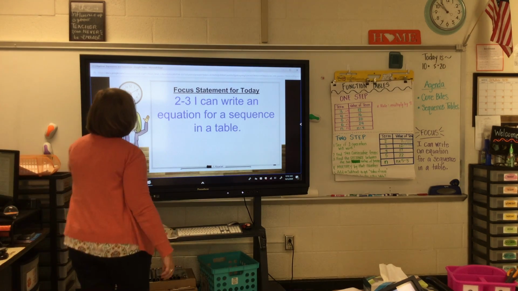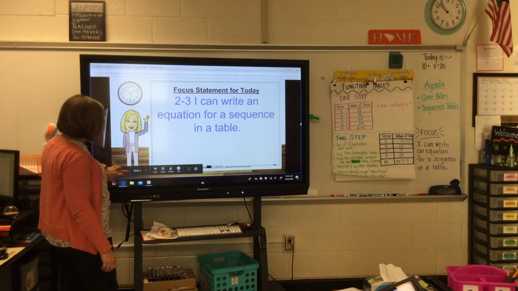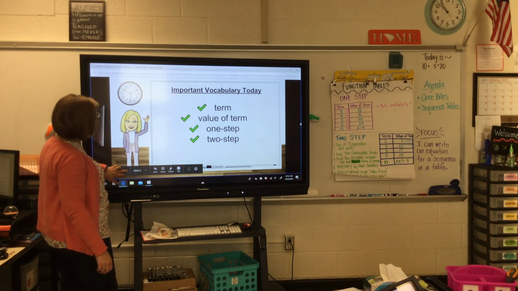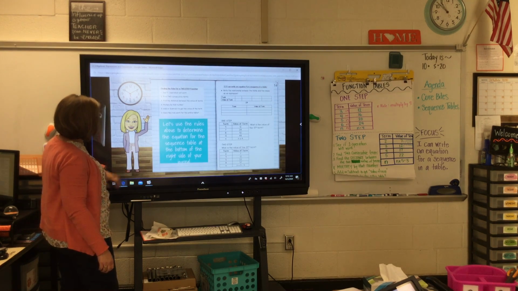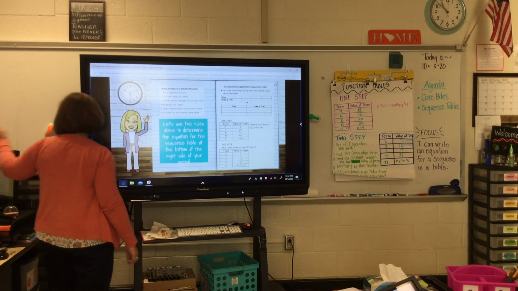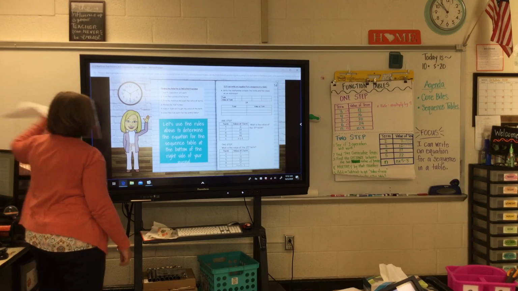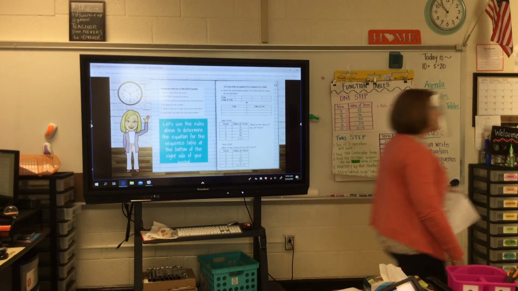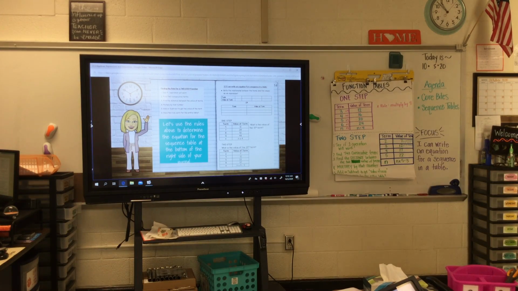All right, if you were at home and you did not have a printer, you could write this out, okay? Just like it is up here on this paper, all right? If you had a printer, just print it out and tape it in.